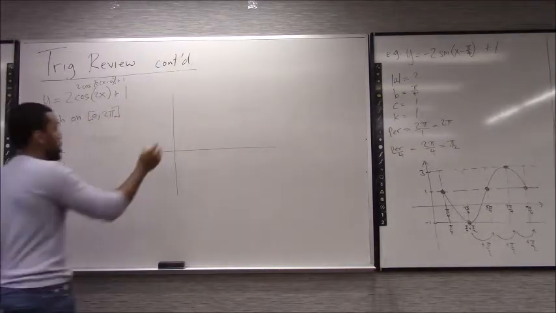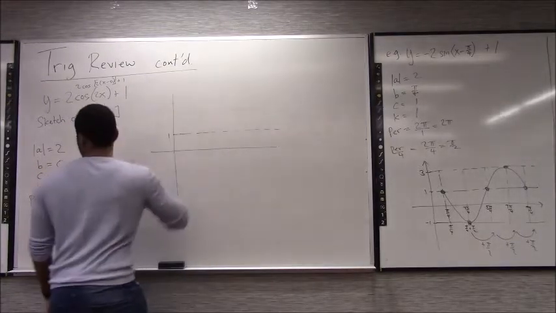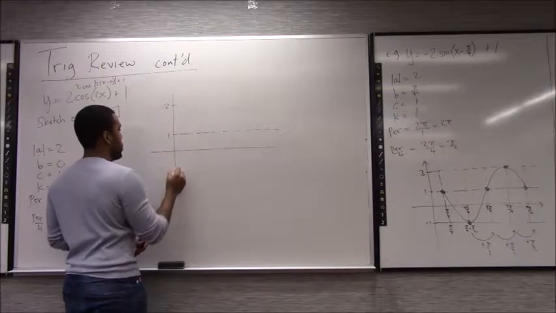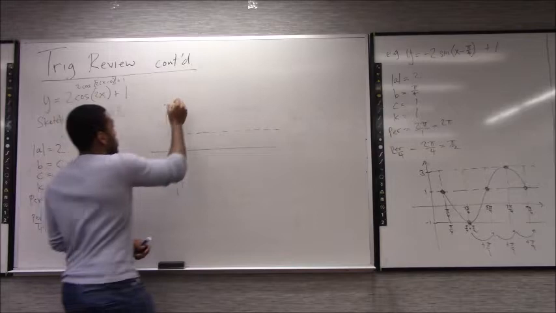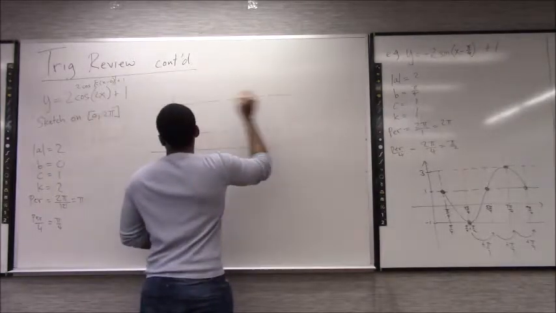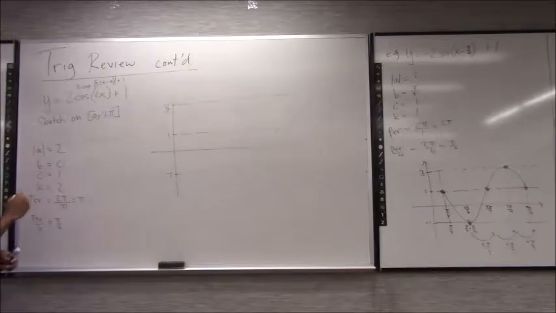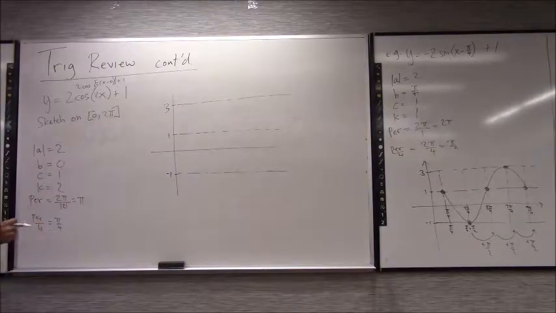The baseline is 1 again, so I'm going to go here to 1. The amplitude is 2, so I'm going to go up by 2, down by 2. Up by 2 gives me 3. 1 plus 2 is 3, even in Calc 2. And this will be minus 1.